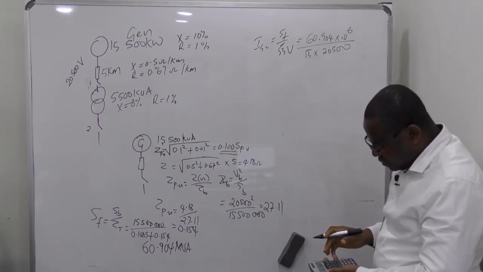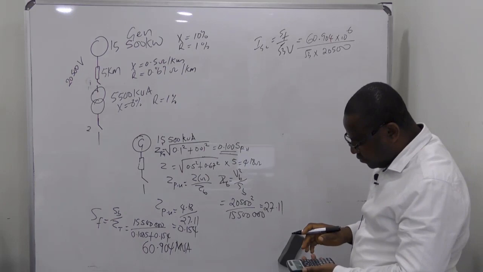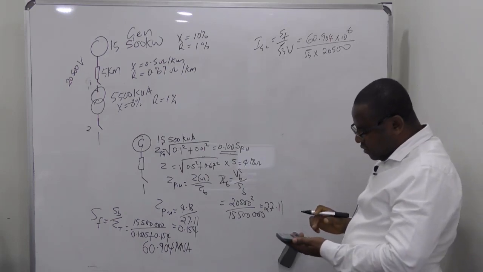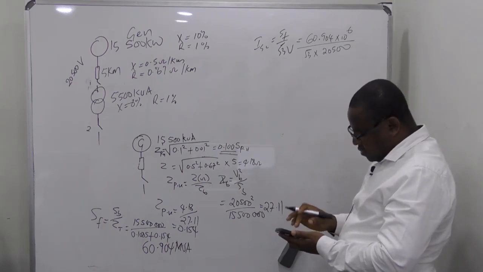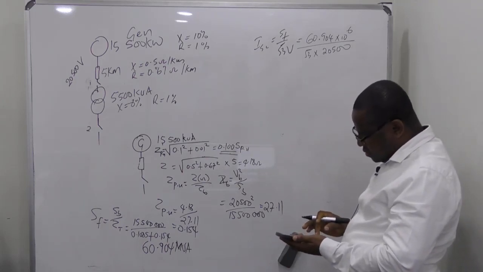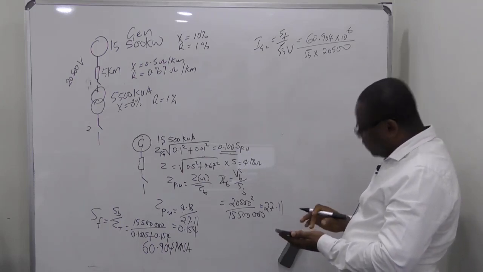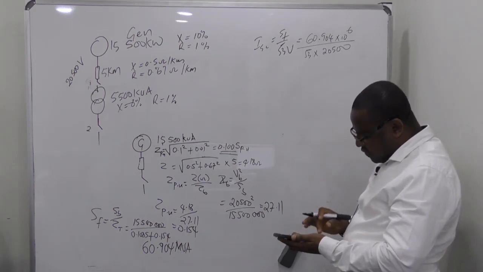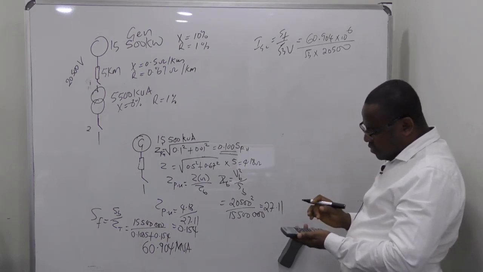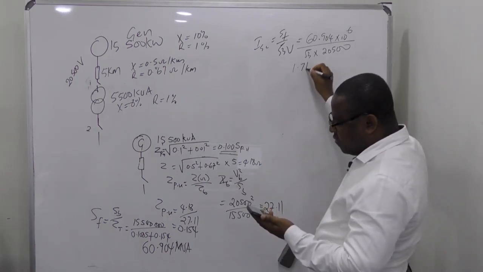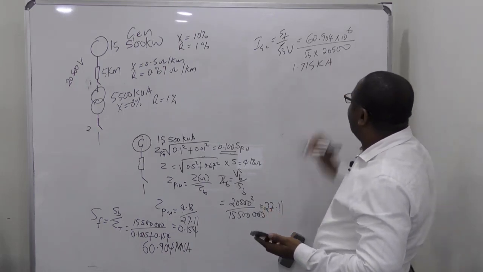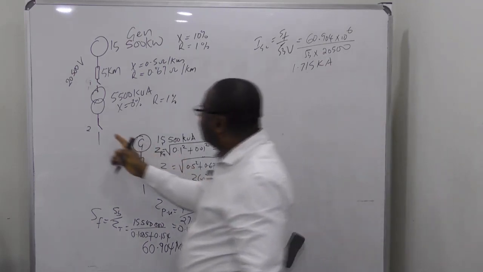So 60.904 divided by root 3, divided by 20,500. That gives you 1.715 kiloamps.